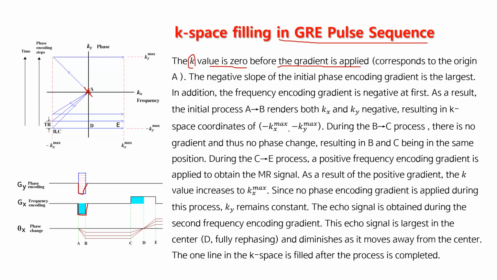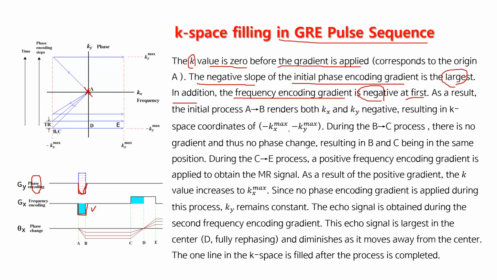So first we use the negatively largest slope of the phase encoding gradient. The negative slope of the initial phase encoding gradient is largest. In addition, the frequency encoding gradient is negative at first. So the first frequency encoding gradient is a negative slope.